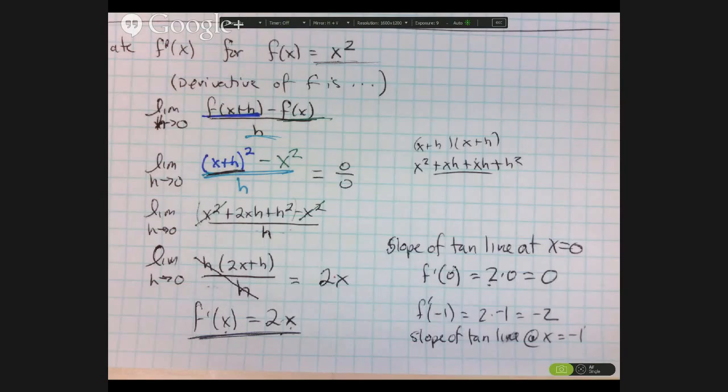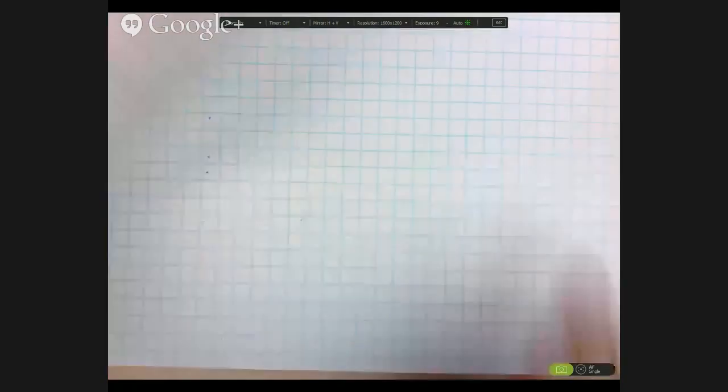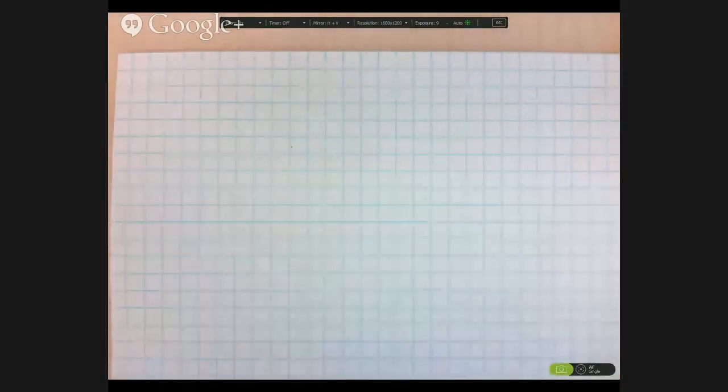Does this kind of make sense? Do you want me to show you a more messy algebra problem? Okay. All right. Here's another way. The calculus book is not going to ask it this way, but you might see it in your trig book.